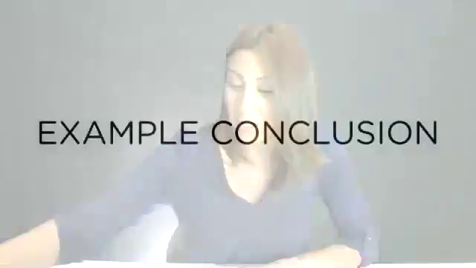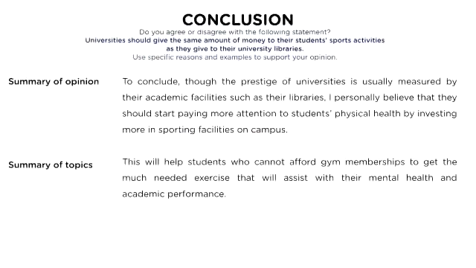Now, the conclusion is probably one of the easiest paragraphs to write in your essay because it only really consists of summaries. So firstly, you want to summarize your opinion and then summarize the topics that you talked about in your body paragraphs. So here's my example.